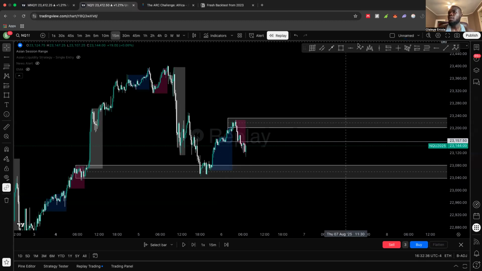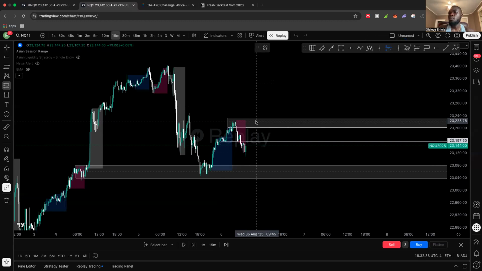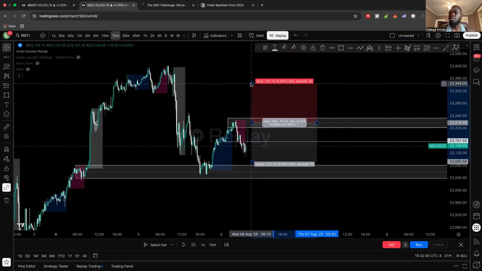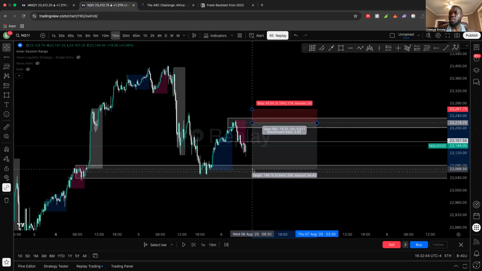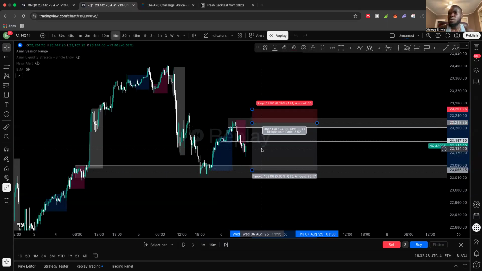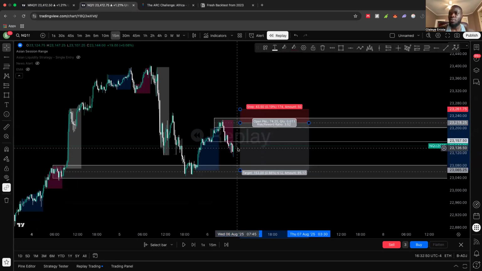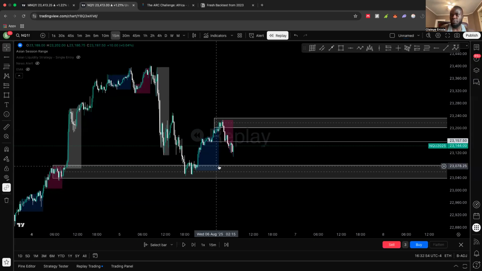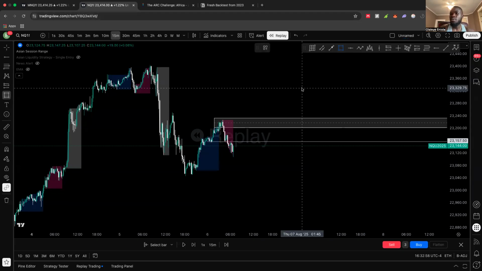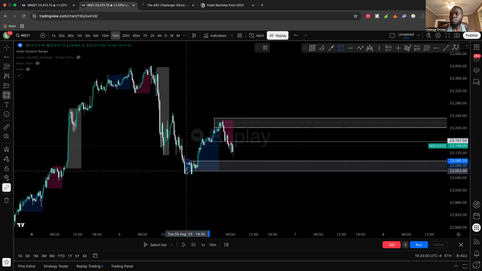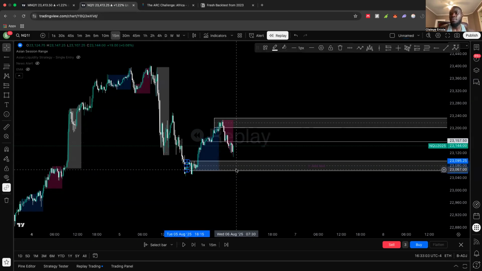So this was where I set it initially, and then I adjusted it, put my stop loss here, and the plan was to take it down to Asia low, but it did not work. I got cleared. What I was supposed to do is look for a demand below and push it up. If I was supposed to look for a demand below, this was where I would have set my demand to buy from, but the market never came down here.